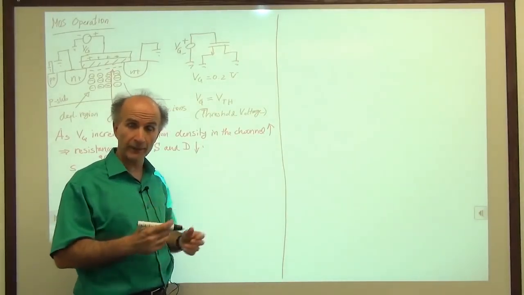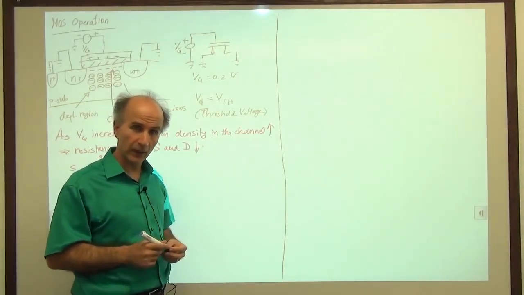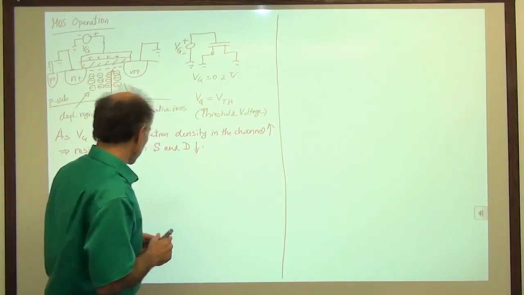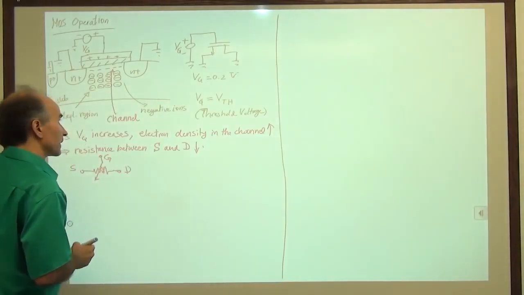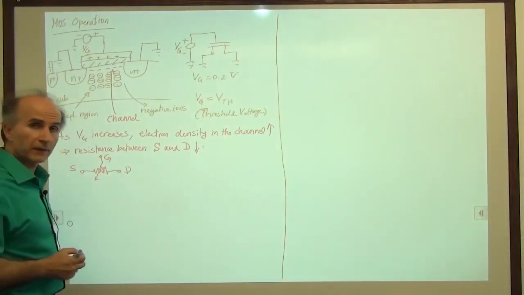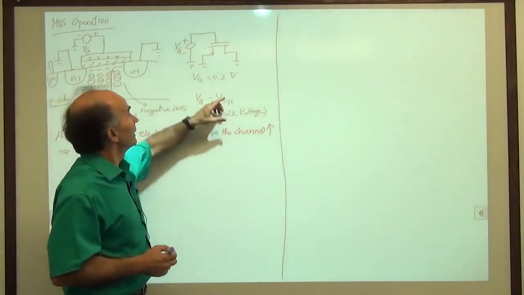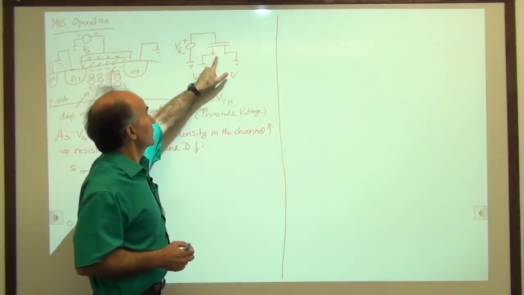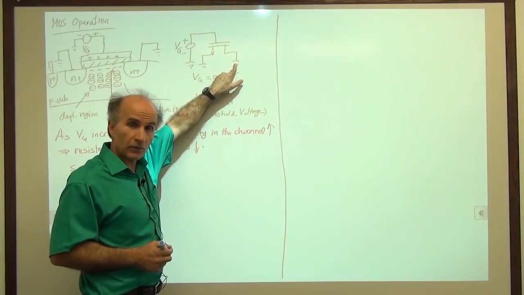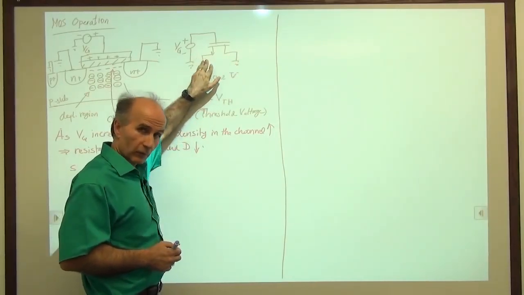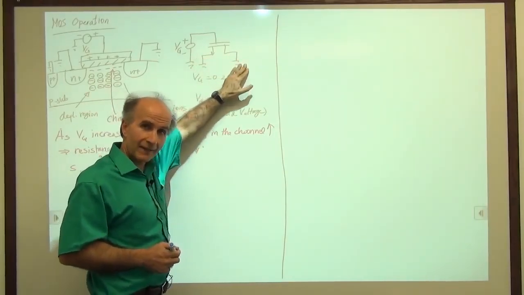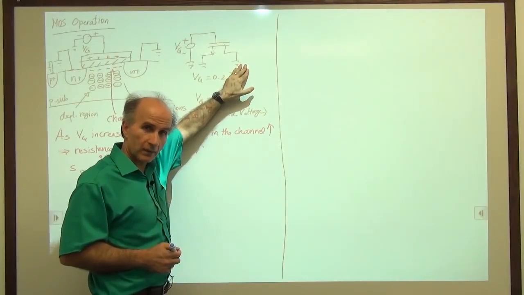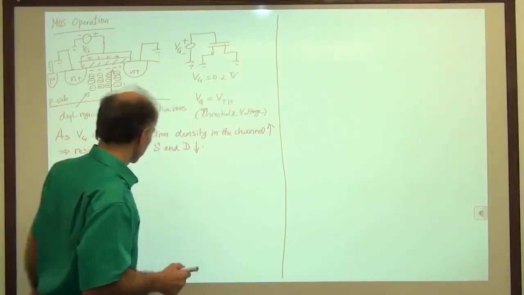It's a little more complicated than a simple diode. No problem. Let's go one step further and not assume that the source and drain have the same voltage. We keep the source at ground, but then we raise the voltage at the drain to see what happens.